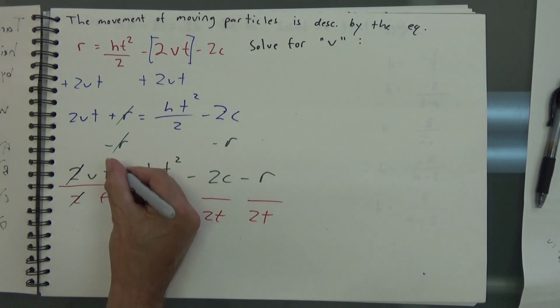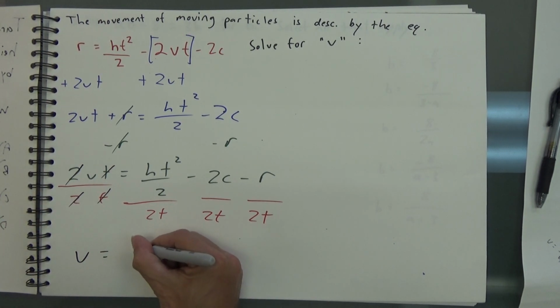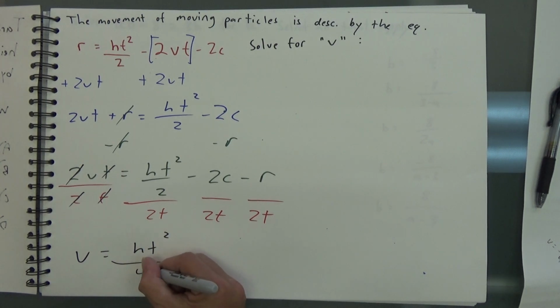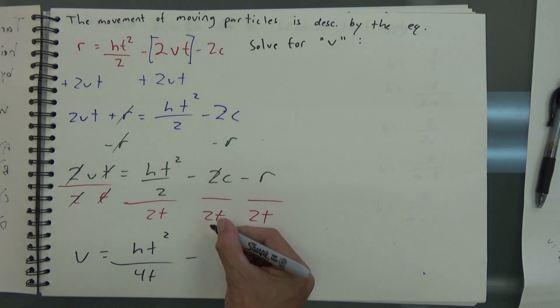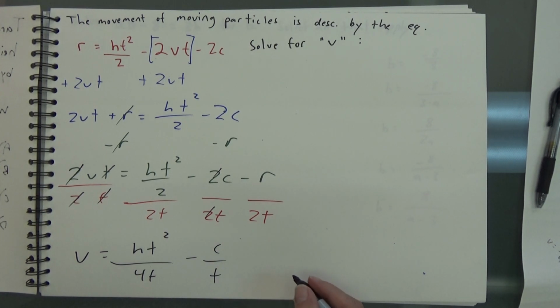So 2's cancel, t's cancel, and v is equal to ht squared over 2 times 2t, which is 4t. And then here the 2's cancel, and I get minus c over t minus r over 2t.